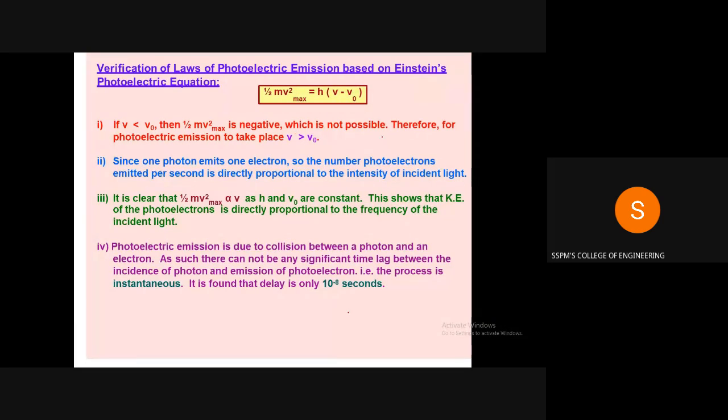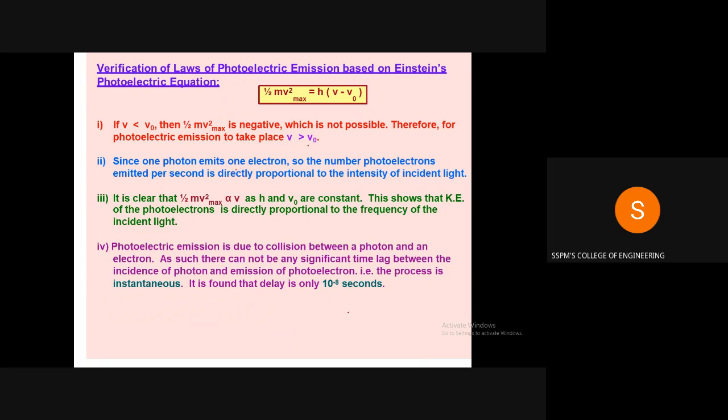Therefore, for photoelectron emission to take place, nu should be greater than nu 0. That is the first aspect we can obtain from this equation. If nu is less than nu 0, this term becomes negative, and for a negative value we can't observe the photoelectric effect.